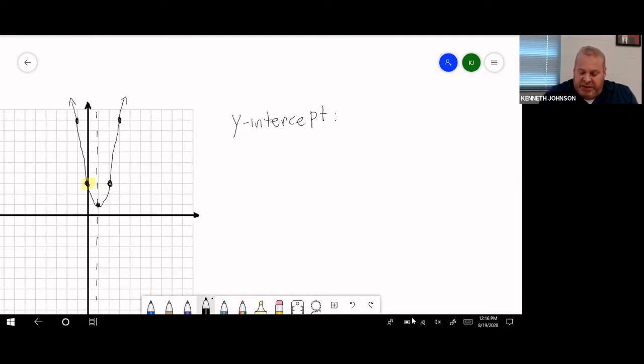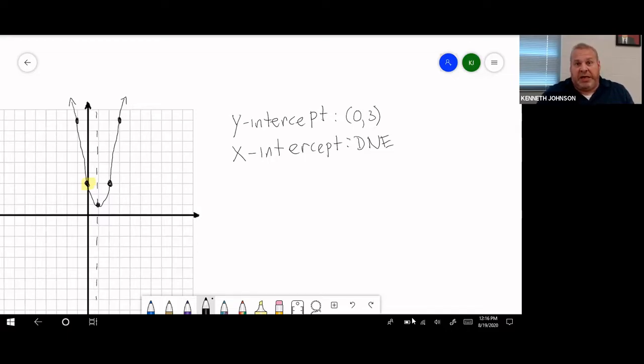So my y-intercept is 0, 3. What about my x-intercept? Where does it hit the x-axis? Well, it doesn't hit the x-axis. It's above the x-axis. So we would say it does not exist.